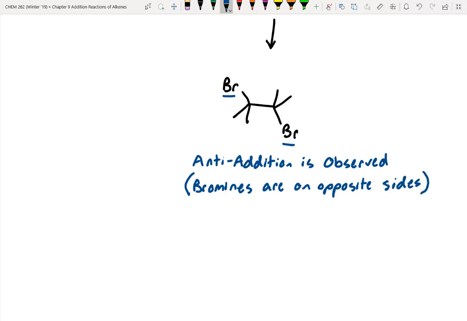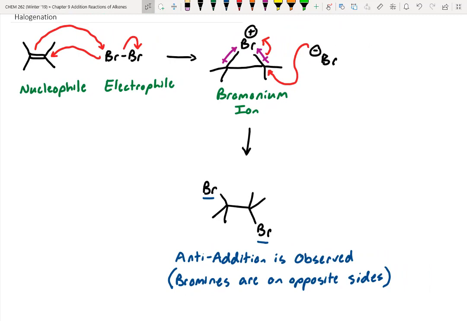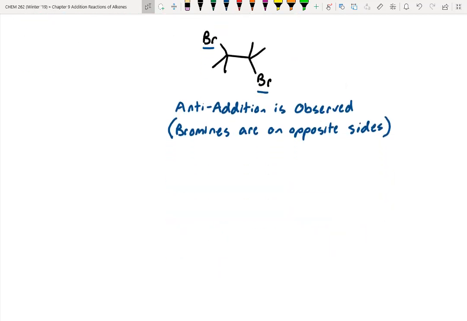All right, so now let's go back to this funky looking intermediate and try to figure out how they came up with this as being a plausible intermediate. What would the other possible intermediate be if it's not this? Well, let's try the other one.